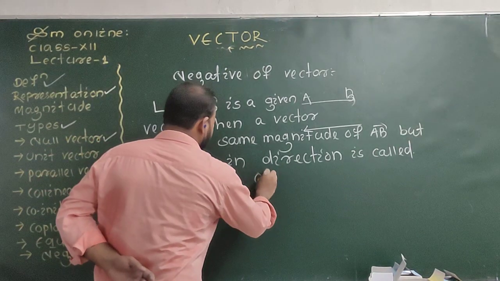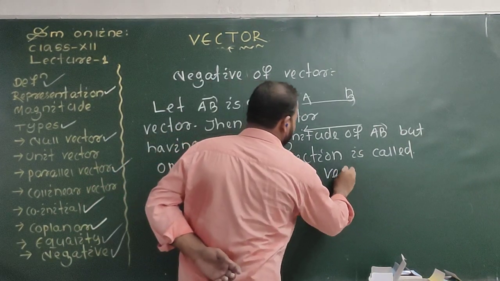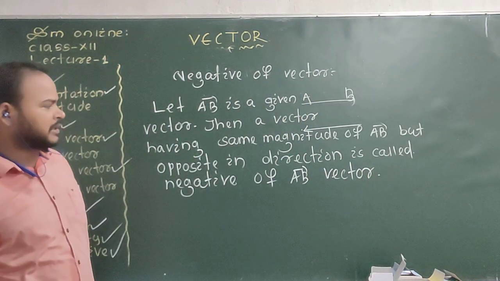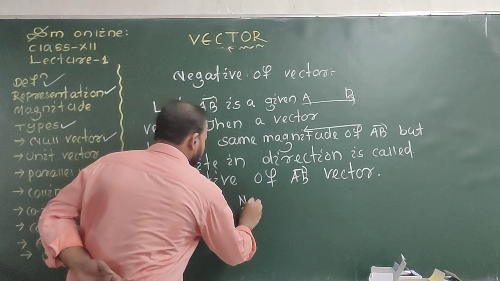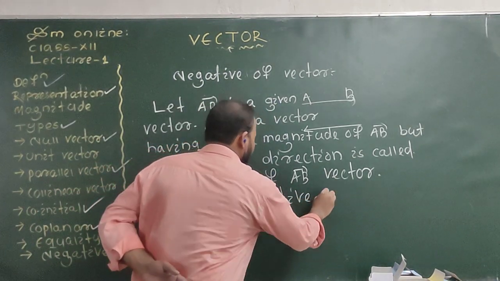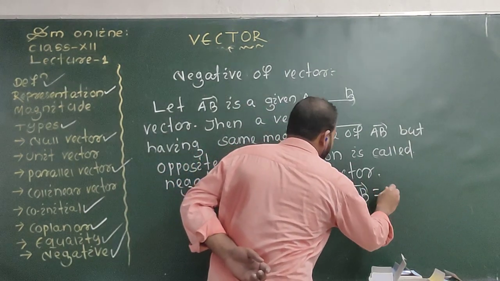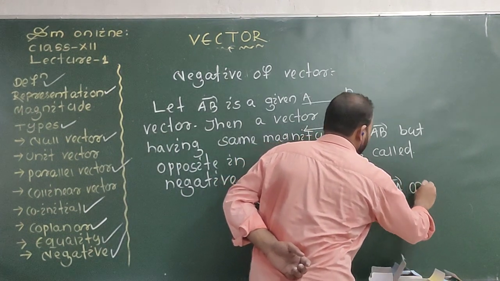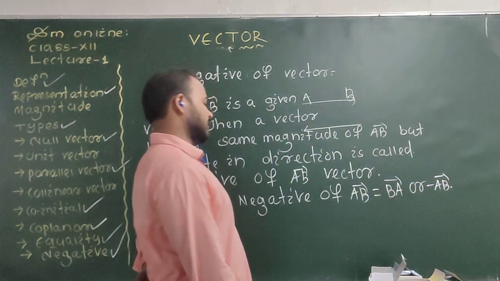Negative of AB vector. We can write the negative of AB vector as BA vector, that is, minus of AB vector.